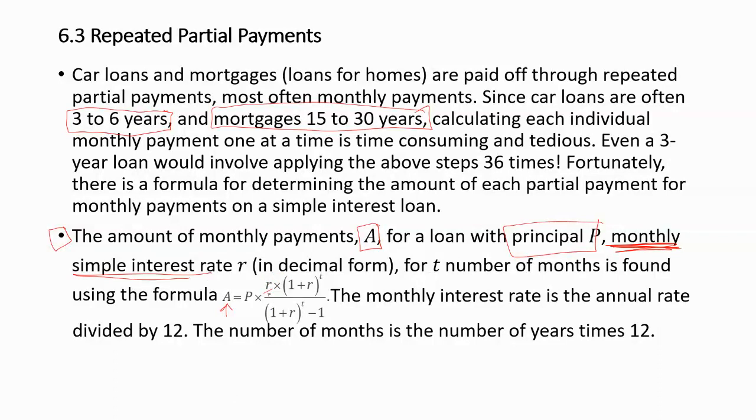So this should really be over 12. T is our number of months. So even if they give us 3 years, it's going to be time in months, not time in years. It's found with this formula. The monthly interest rate is the annual rate divided by 12. The number of months is the number of years times 12.